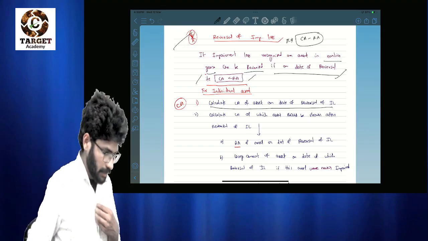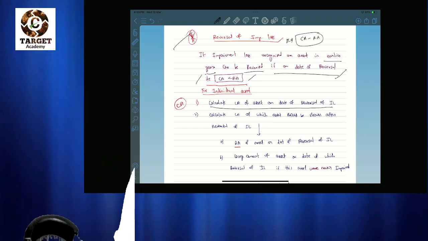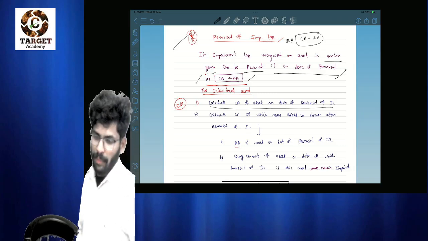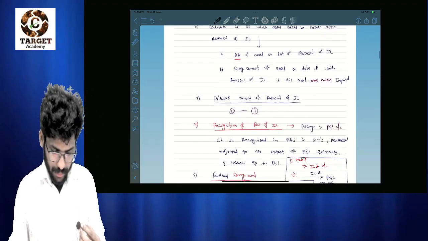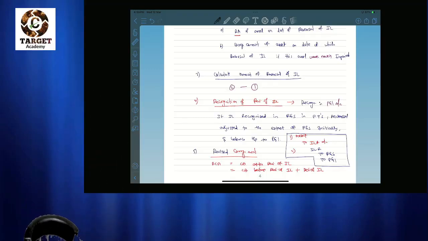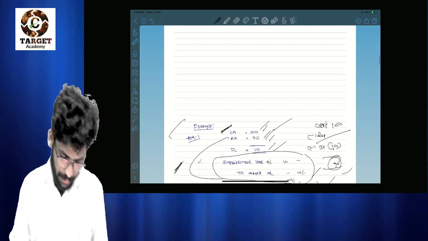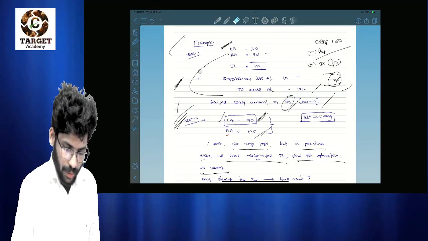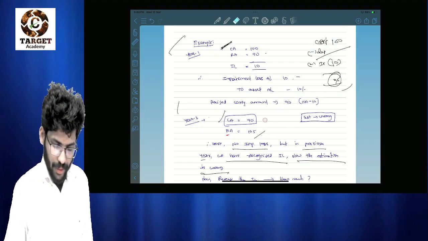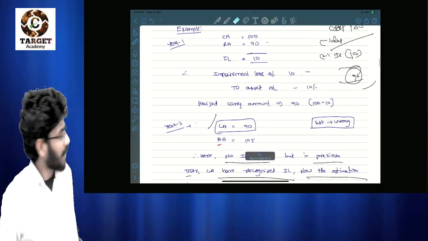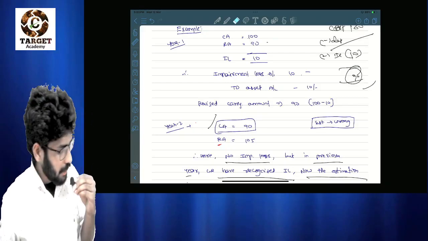Giving 1 minute time. Pause the video. In this example, there is no depreciation, right?